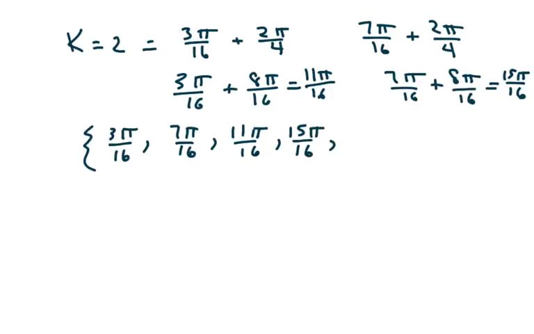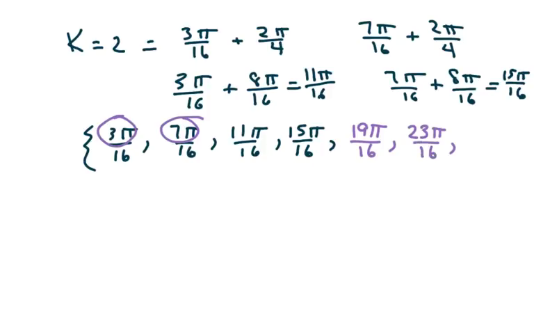And at this stage, you can see a pattern. So we're going to go all the way up. It's close to 32 pi over 16. We can see that we're just adding 4 each time. From here to here, it's 4. So it's just going to be 19 pi over 16. Add 4 again, you get 23 pi over 16.